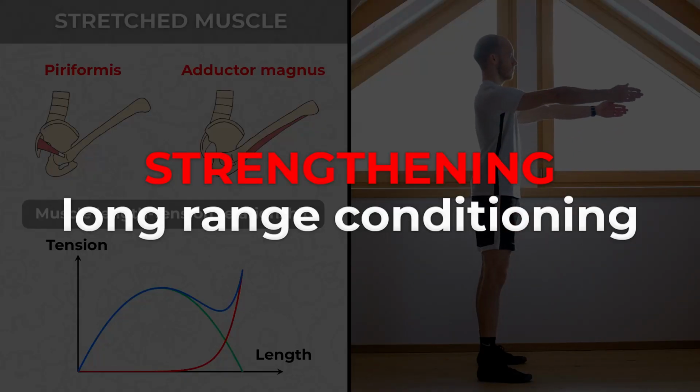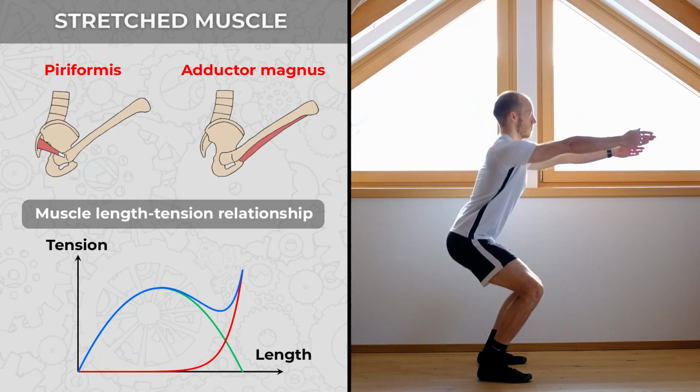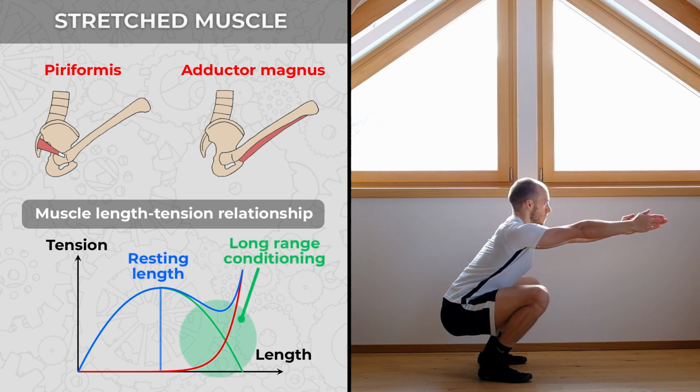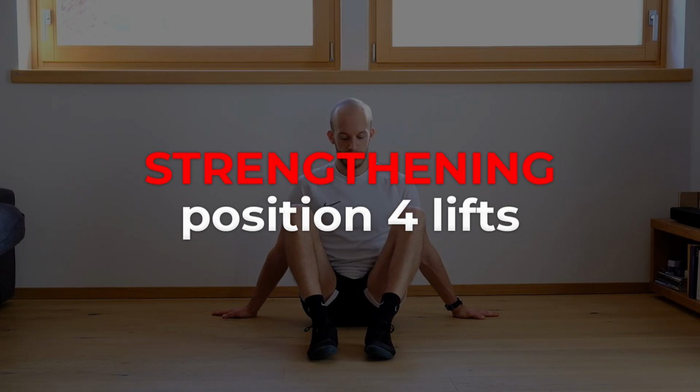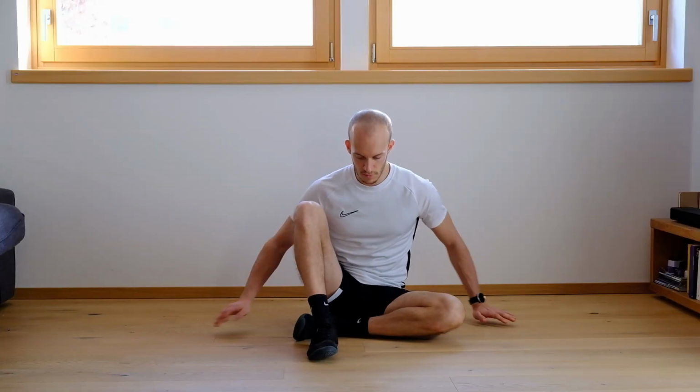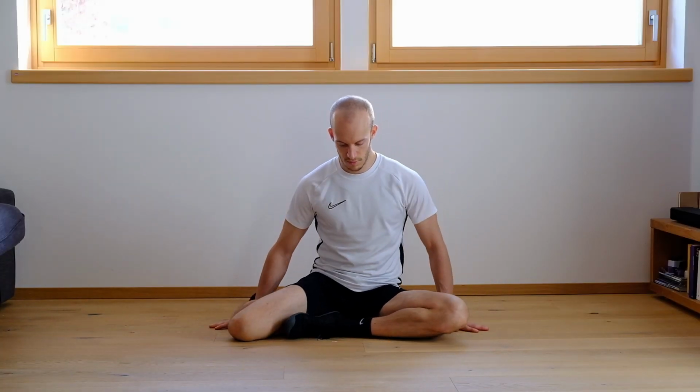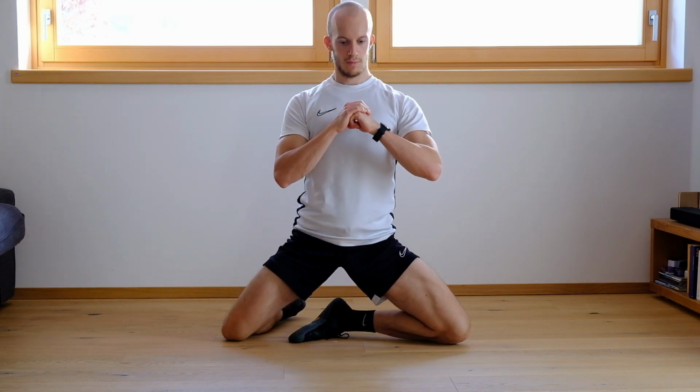The piriformis and adductor magnus muscle should then be strengthened in the maximum elongated position. For the piriformis, start in a so-called 4 position, with the front leg externally rotated and the back leg internally rotated.